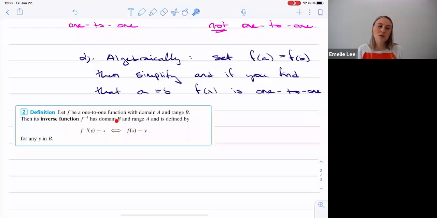Finding the domain is usually pretty okay. What inputs can I put in here, right? So finding the domain of the inverse is a way that you can find the range of the original function, but also the range of the inverse is the same as the domain of the original function. So they cross over, right?